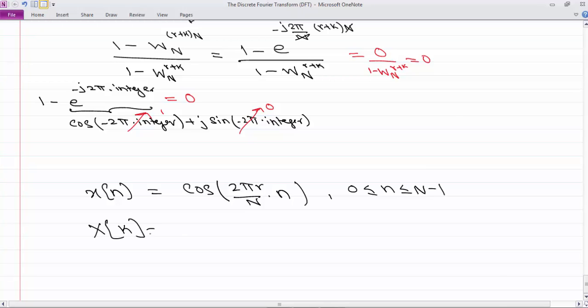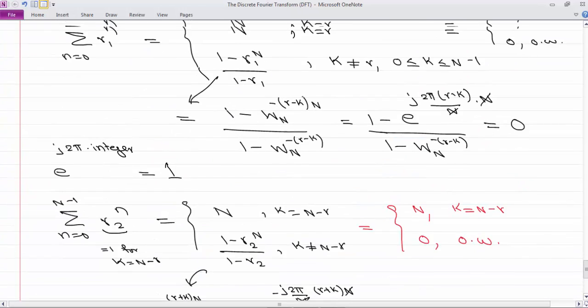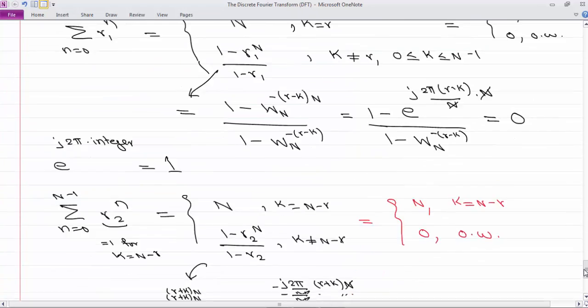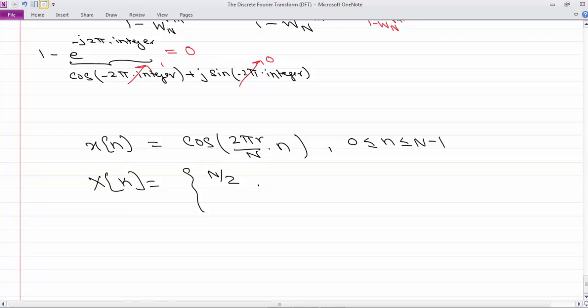So the X of k we are getting is, if you now add the two sums, it ends up being N by 2. Why N by 2? We got N everywhere, and then there is this 1/2 factor that we had obtained earlier. So it's N by 2 for k equal to r and k equal to N minus r. And it's 0 otherwise.